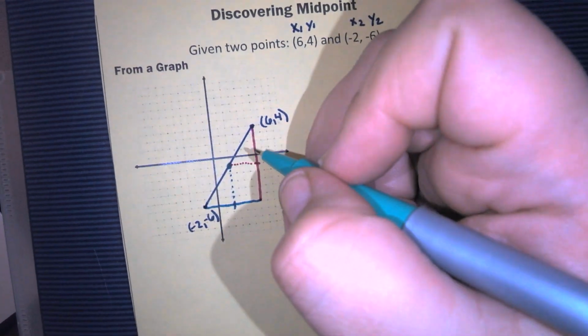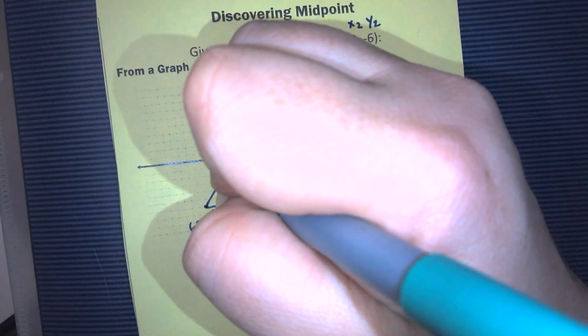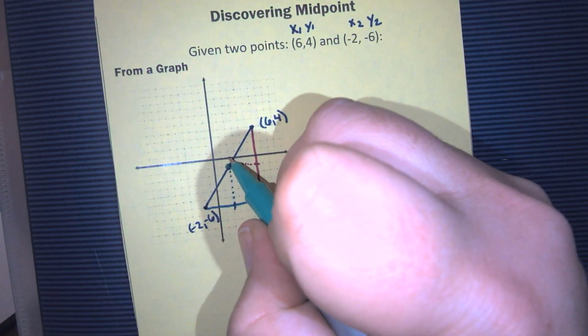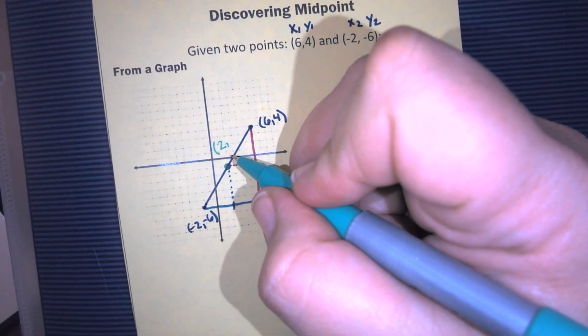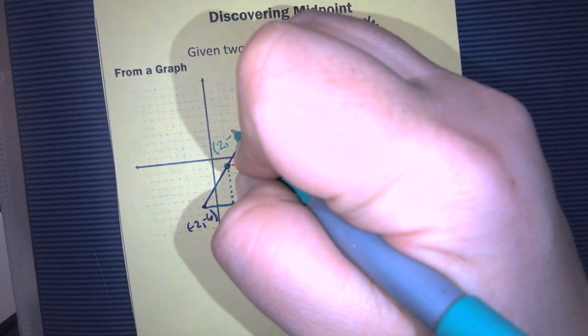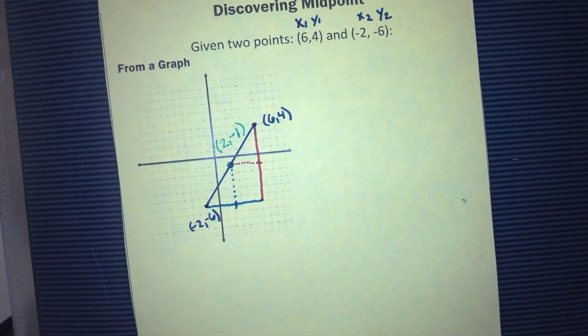Now, what is this point exactly? This point is 2, because it goes 1, 2 to the right. So 2. And then it goes only down 1, so it's -1. So 2, -1 is our midpoint.